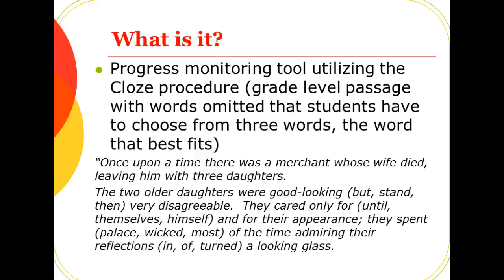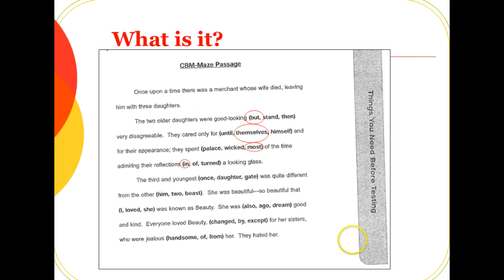So for example, you would see a passage like this where it's normal text, and then every so often you'll see parentheses and 3 words for the student to choose from that make sense with the passage. And so what the student would do is read the passage and circle the word that makes the most sense and continue on for the 3 minutes.